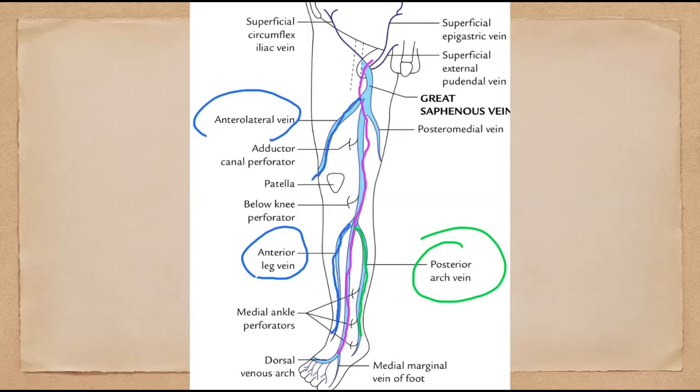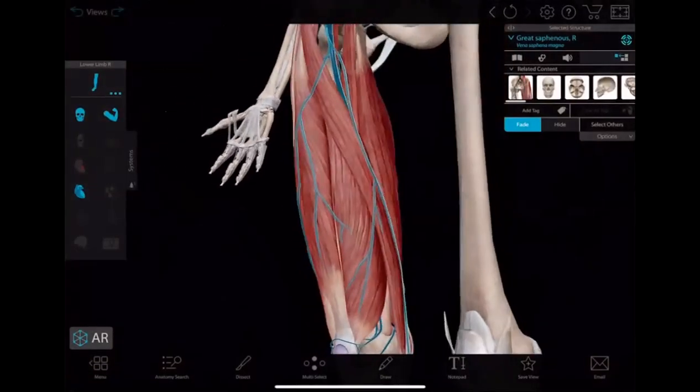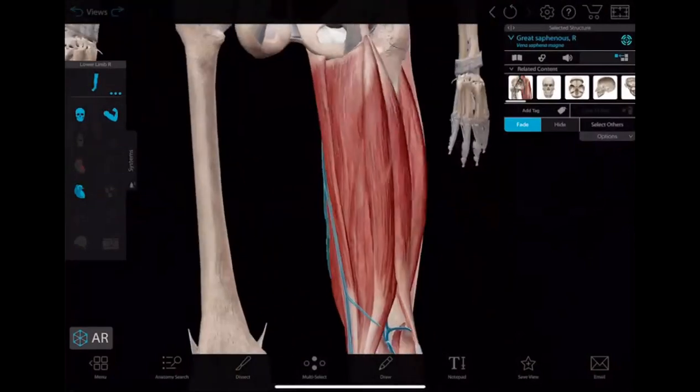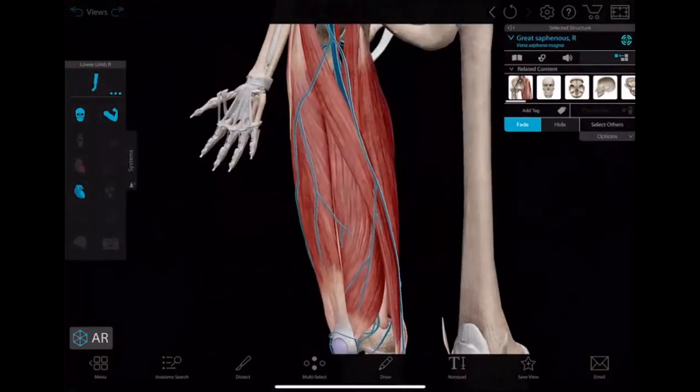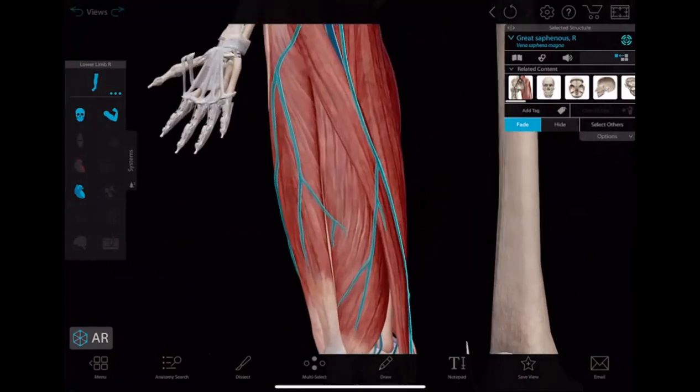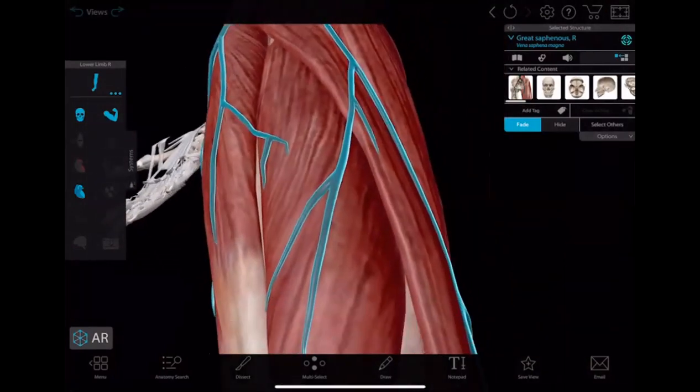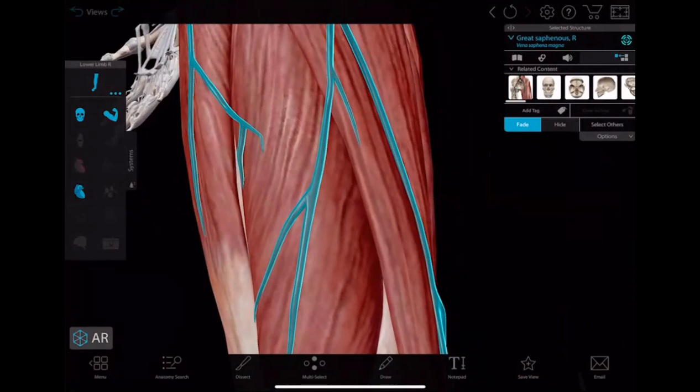This is posteromedial vein, right? This one is posteromedial vein, but not so. Okay, that one.